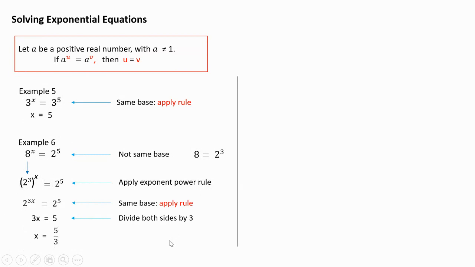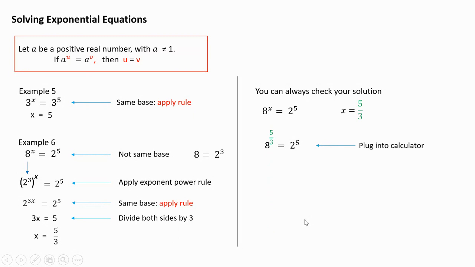Okay, now, you can always check your work. What you're going to do is plug in the answer 5/3 for the x's. Now here, if you want, you can use a calculator. You plug that into the calculator, but be real careful when you plug it in.